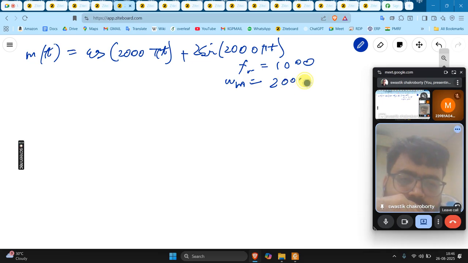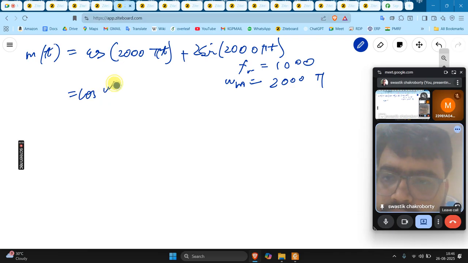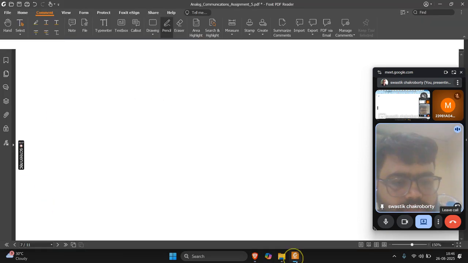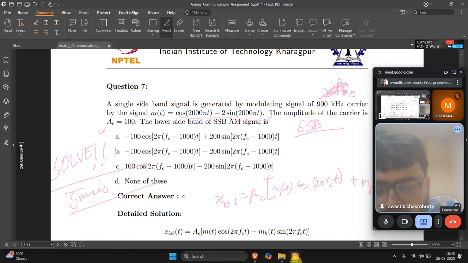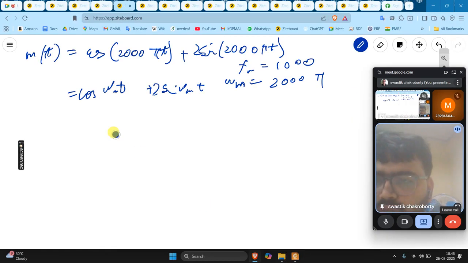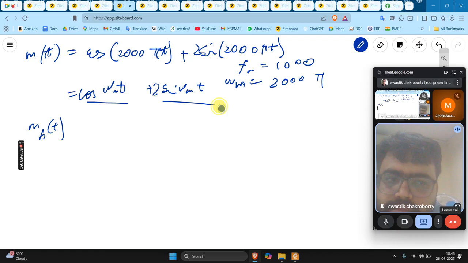So it's just cos omega m t plus 2 sin omega m t. We will substitute this at the last stage of the problem. Now we have to find the lower sideband, so we need to find the Hilbert transform. Since these are isolated frequency terms, you can just subtract pi by 2 to get the Hilbert transform.